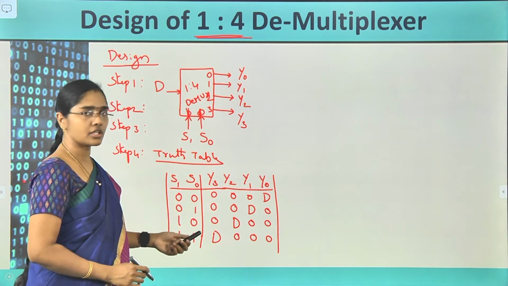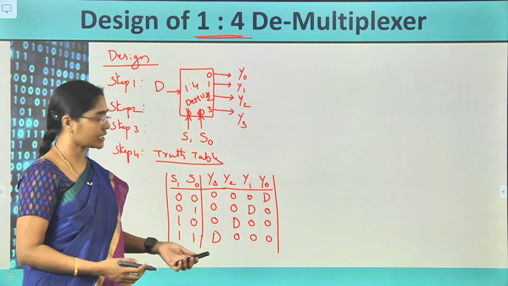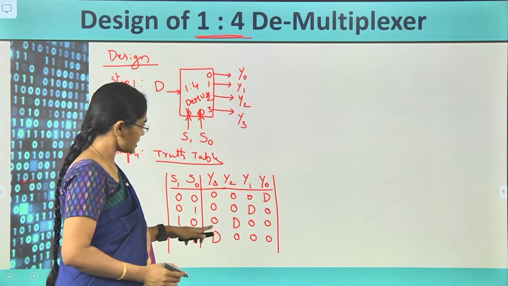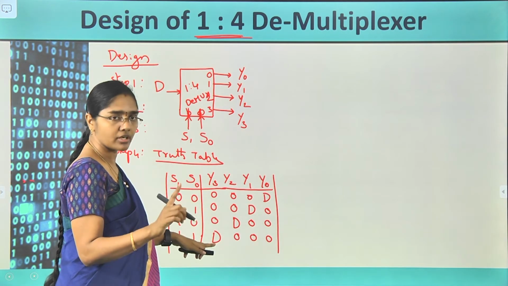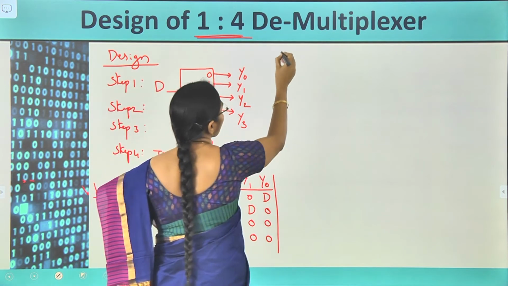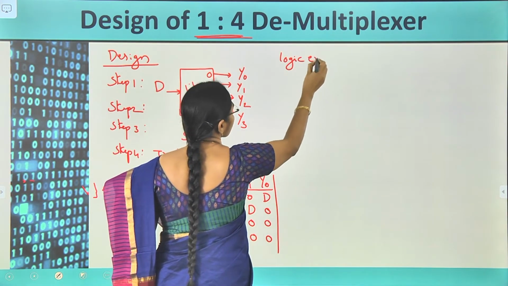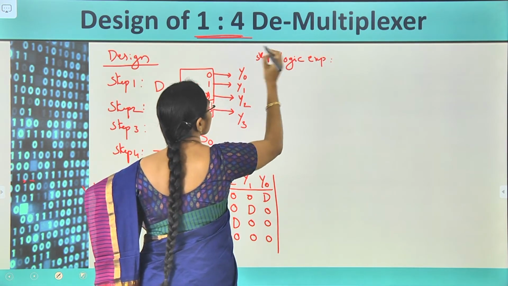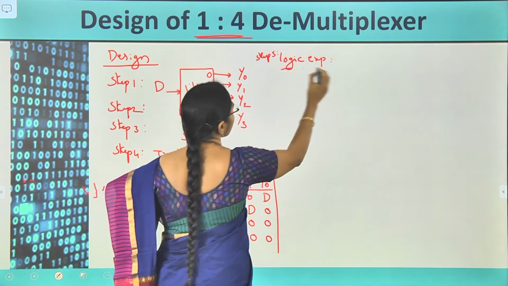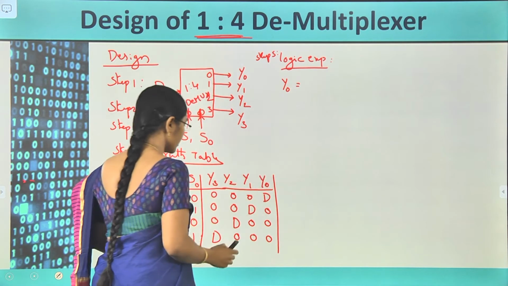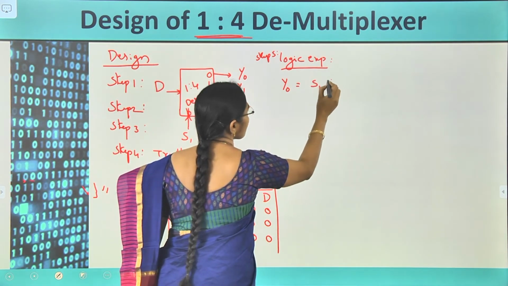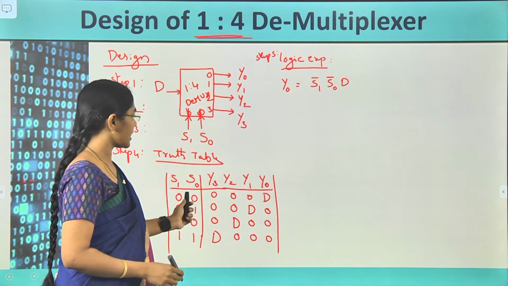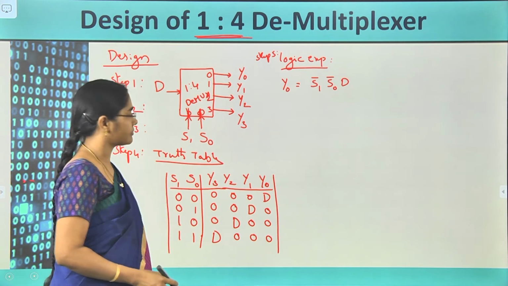From this, logic expressions and then logic diagram. What are the logic expressions? We can write Y0, Y1, Y2 and Y3 directly, since each one has only one input, all others are zeros. So step 5, logic expressions. Y0 is equal to S1 bar, S0 bar into D, since S1 and S0 are zeros and then input D is passing.